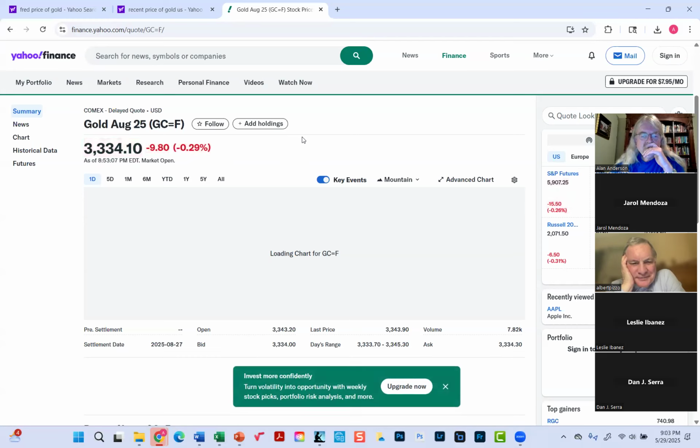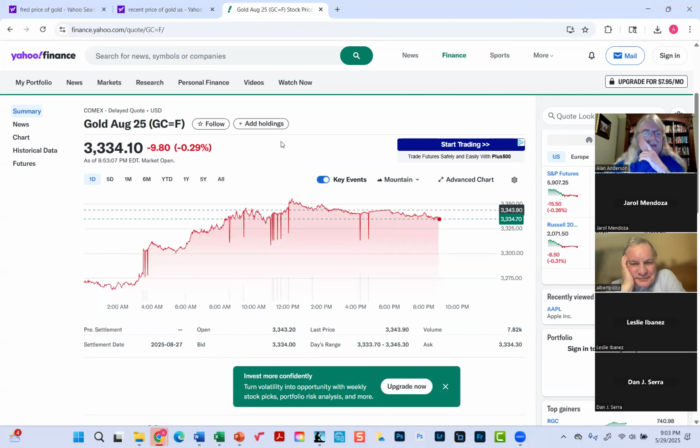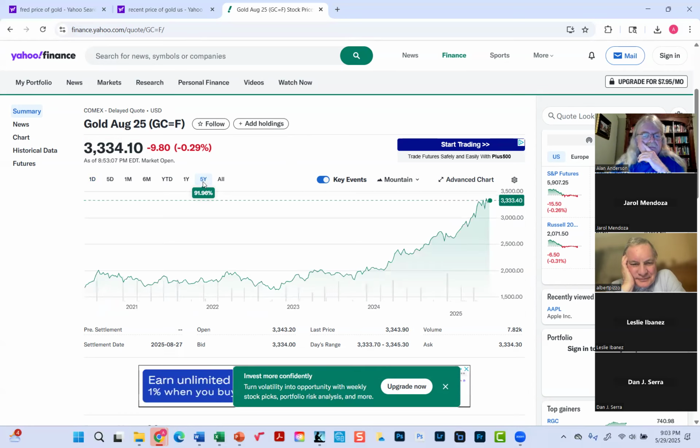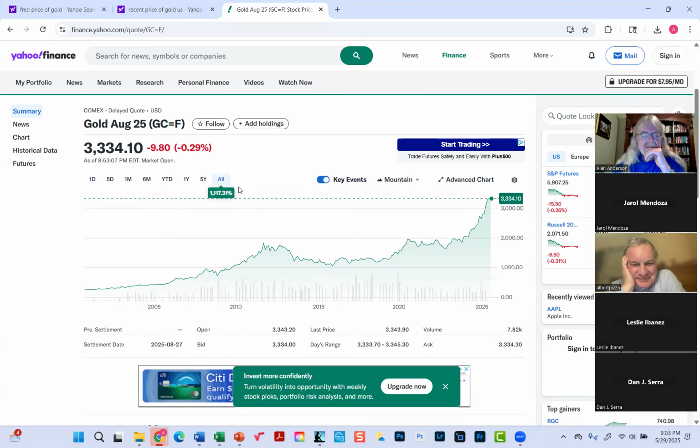But if you look at the chart, which is taking forever to load, you'll see that it's very, very spiky. It bounces around. Wow, look at that. If only we'd thought to buy it 5 years ago. Look at it. From 1831 to 33 something. That would have been nice.